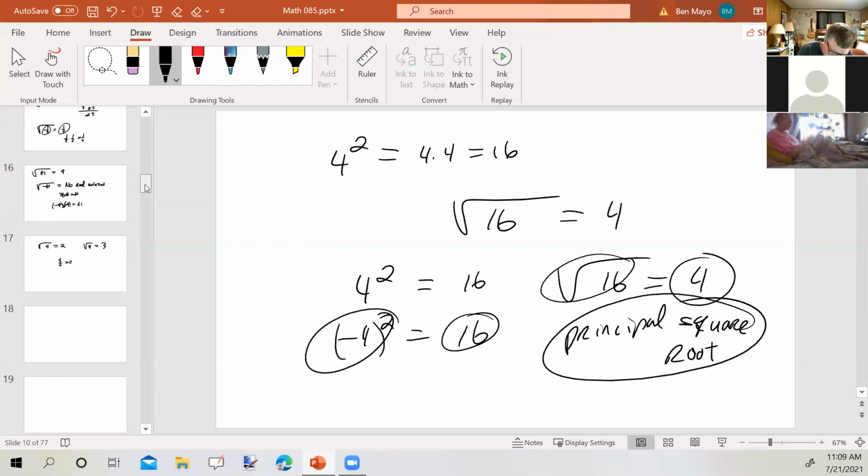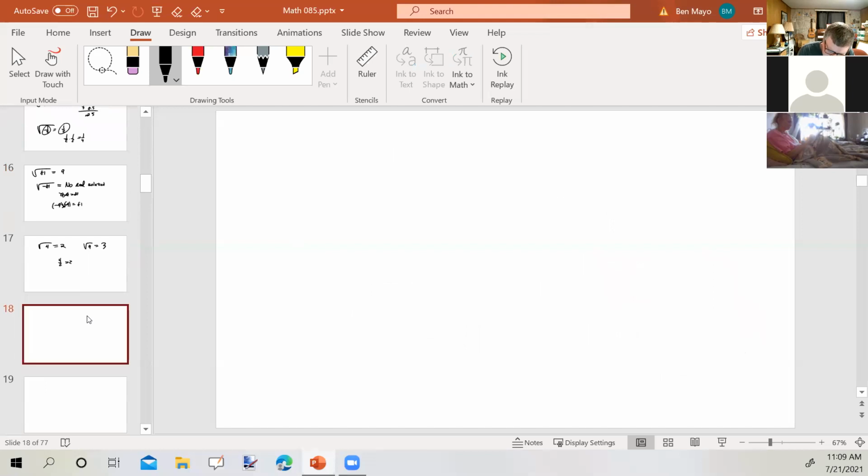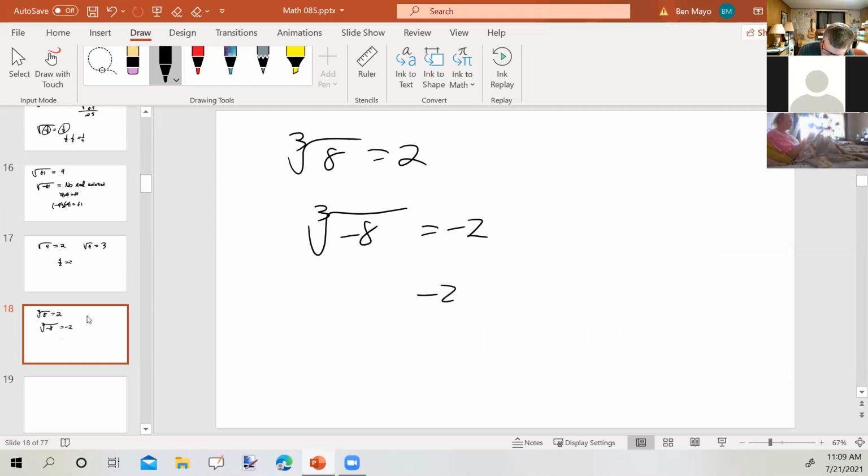With an odd root, it's okay. For instance, I can take the cube root of 8 and get 2, but the cube root of negative 8 is negative 2, because negative 2 times negative 2 times negative 2 is negative 8. So you can take an odd root of a negative number, and you can take an odd root and get a negative answer.